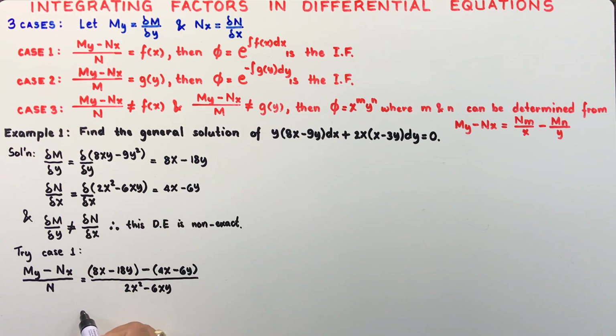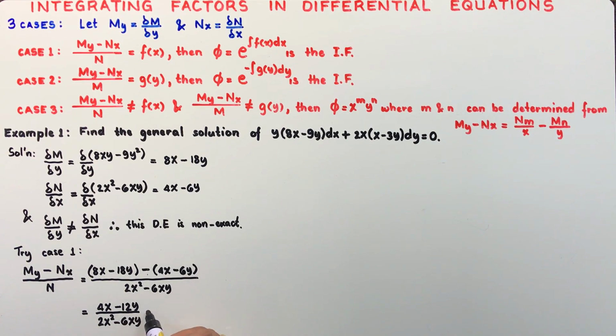Simplifying this, we have 8x minus 4x, which is 4x here. And minus 18y plus 6y, we have minus 12y, because the minus of the minus is plus. So minus 18y plus 6y is negative 12y. And this will be divided by 2x squared minus 6xy.